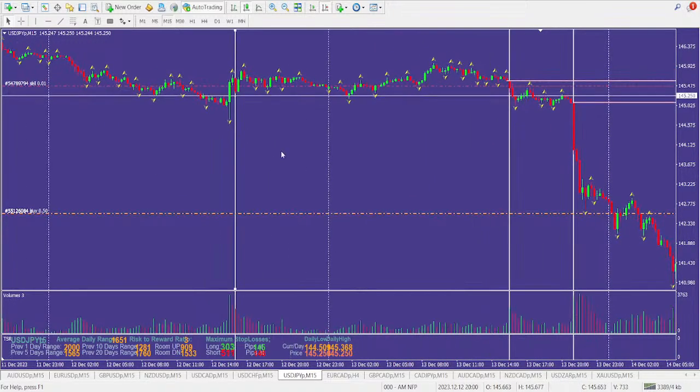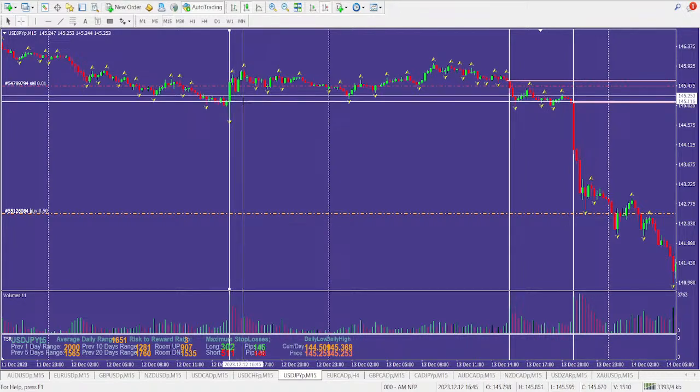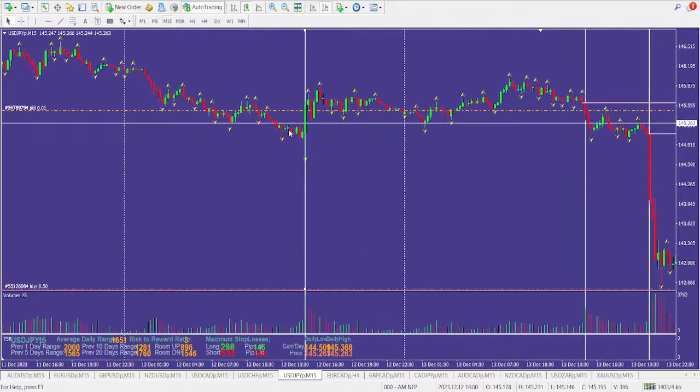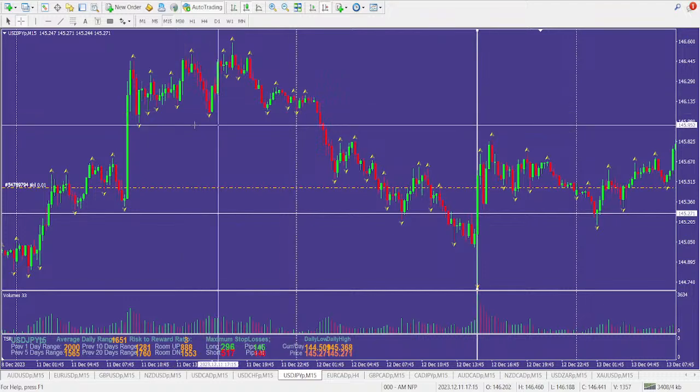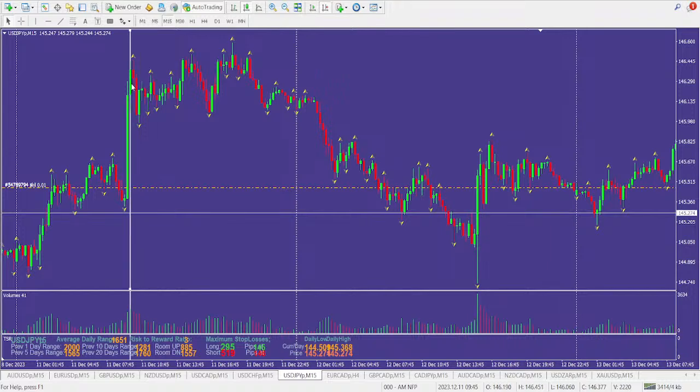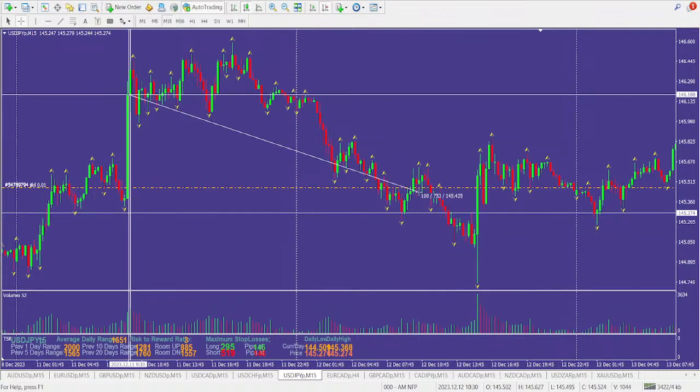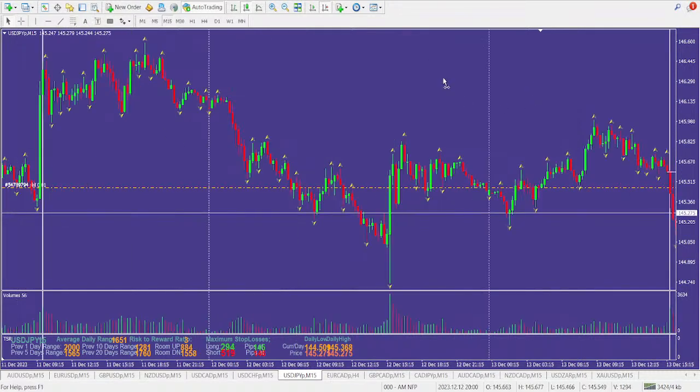Then if we go to December 12th, we have this level over here, where as we can see, price has already broken this level over here, so this is no longer relevant. What I can do is look for another potential supply level, which we have over here on December 11th. We've got a high volume spike over here, where price actually pushed down from there. So that'll be our next level of supply.